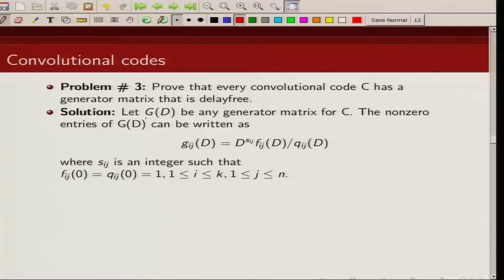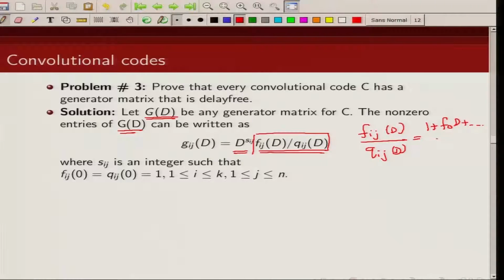So, let us say we have a generator matrix G(D), and its non-zero entries can be written in this particular form. There is some delay term, which we are calling D raised to power s_ij, and then we have this rational function f_ij(D) by q_ij(D), where f_ij(D) is of the form 1 plus f_1 D plus something, and q_ij(D) is 1 plus q_1 D plus something.